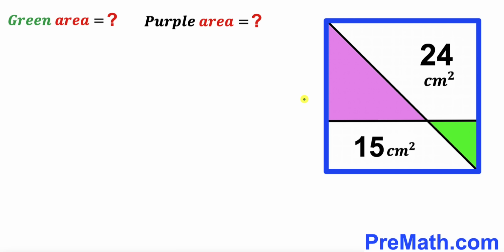As you can see in this given diagram, the area of this trapezoid has been given to us as 15 centimeter square, whereas the area of this another trapezoid is 24 centimeter square.